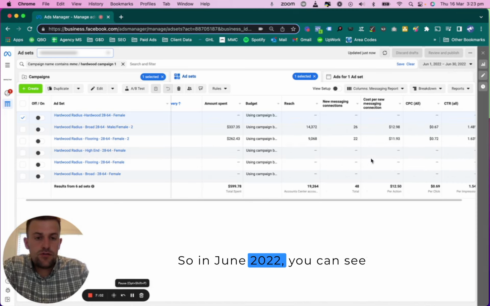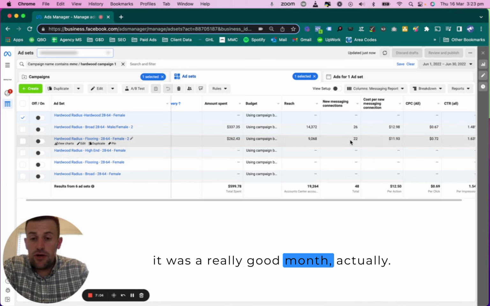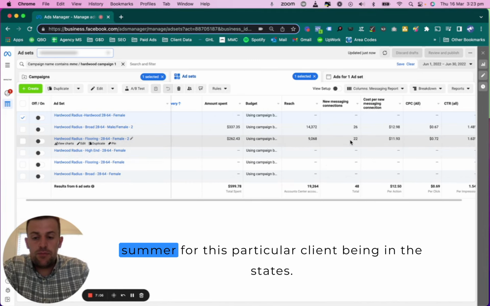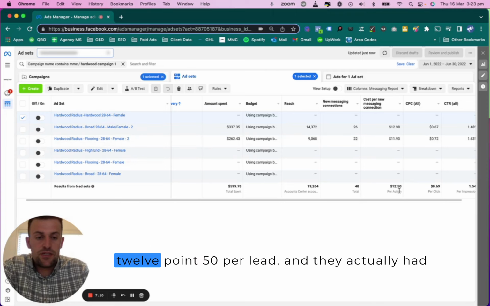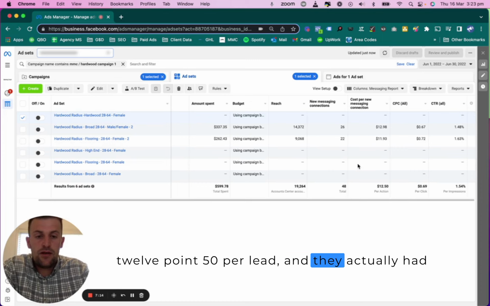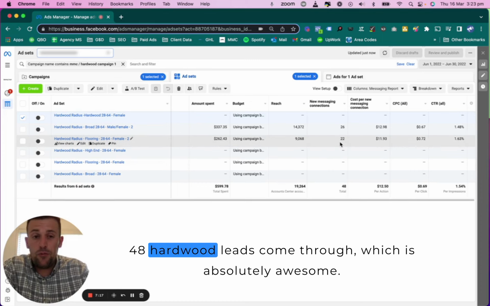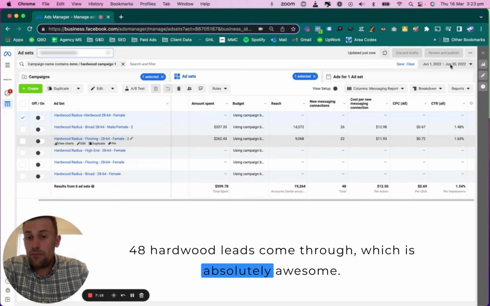In June 2022, you can see it was a really good month. This is right in the middle of summer for this particular client being in the States. We had an average cost in June of $12.50 per lead, and they actually had 48 hardwood leads come through, which is absolutely awesome.